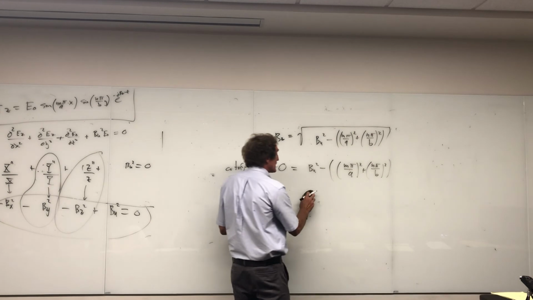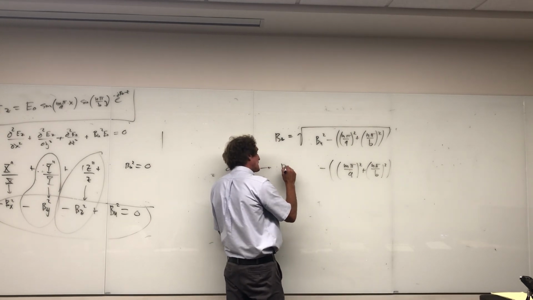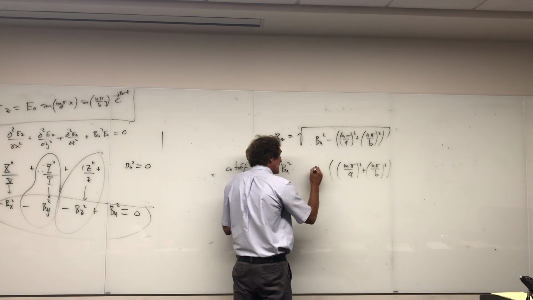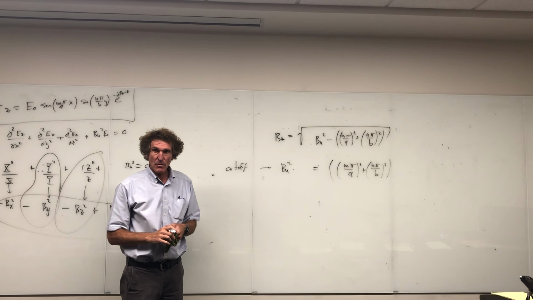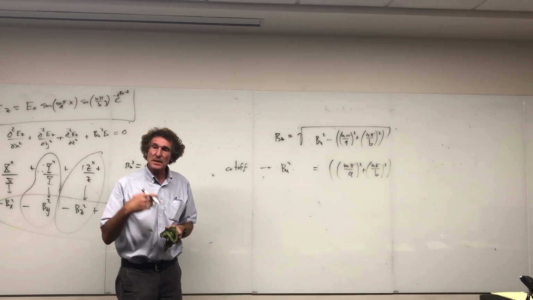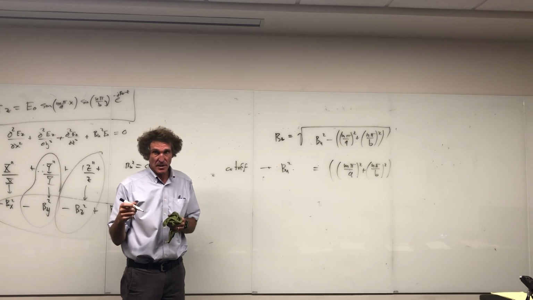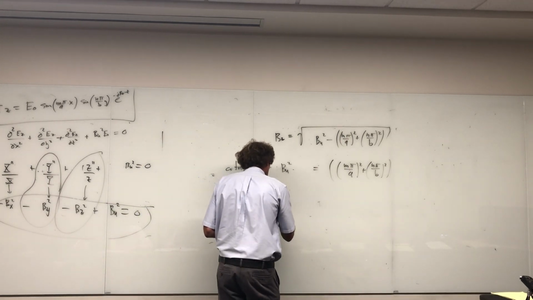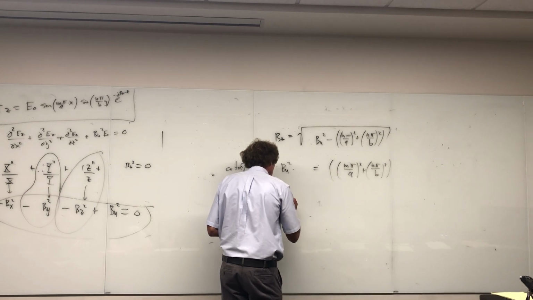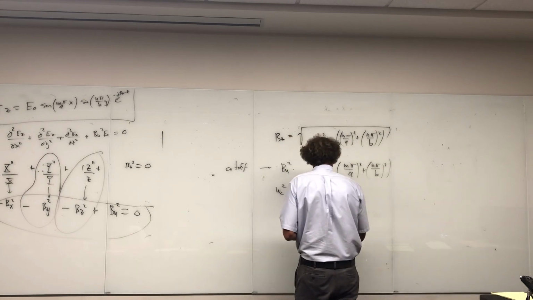So if I take this to the other side, now I get beta unguided squared is equal to that. Do you all agree with me? Here we go, we're almost done. Beta unguided squared is omega squared times mu epsilon. Now we say this is equal to omega c squared, where c is cutoff, times mu epsilon, is equal to this stuff.